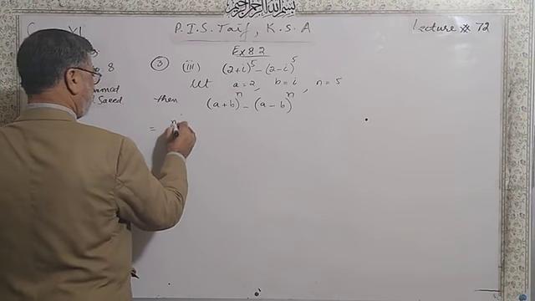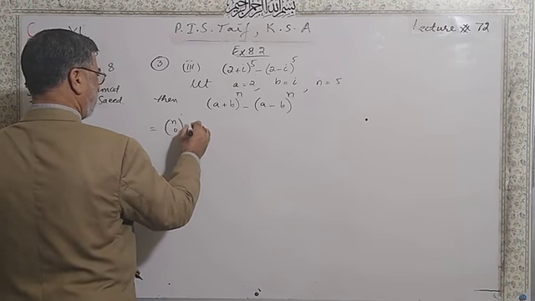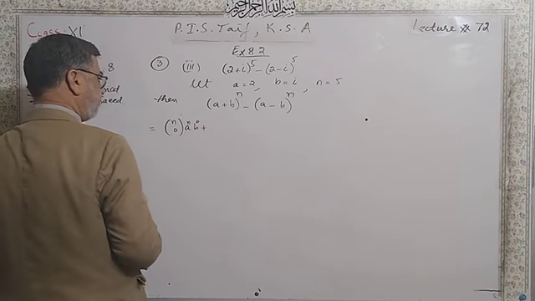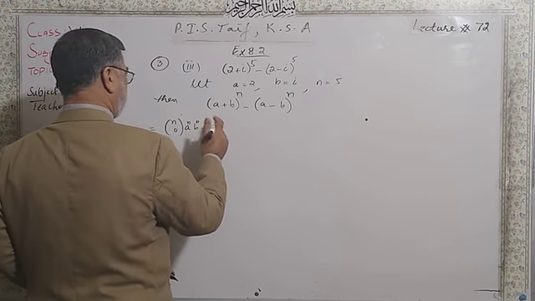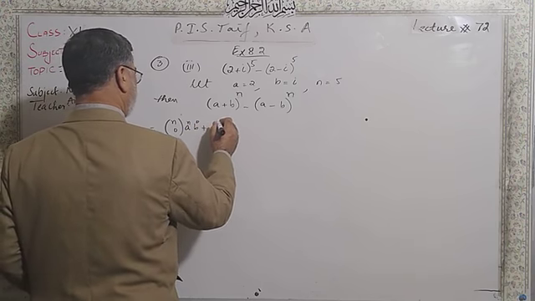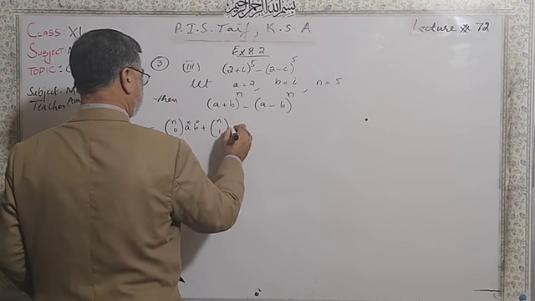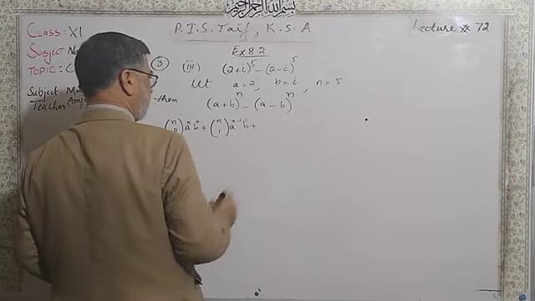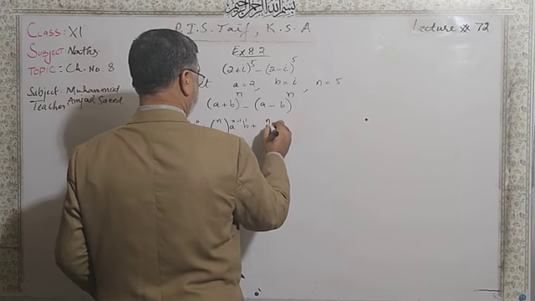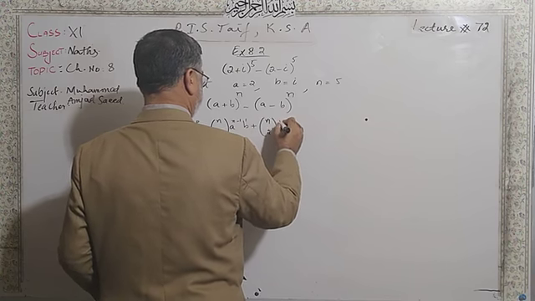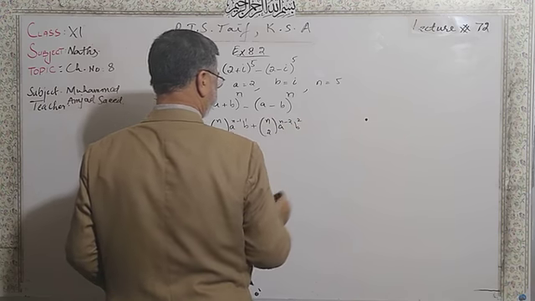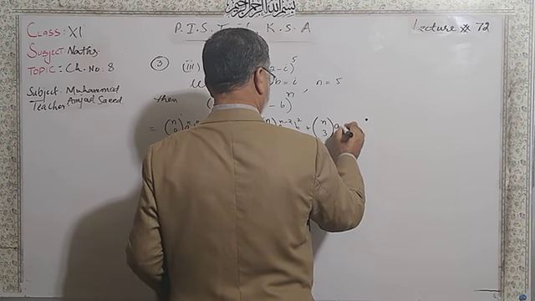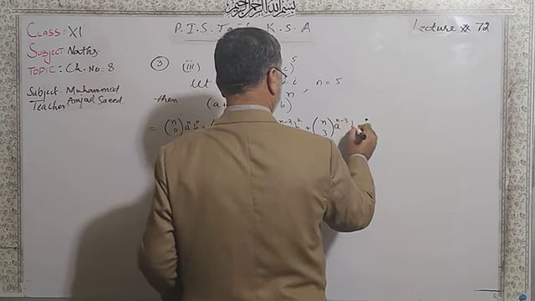We have nC0 a^n b^0, plus nC1 a^(n-1) b^1. Similarly, nC2 a^(n-2) b square, plus nC3 a^(n-3) b^3.